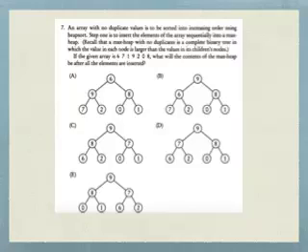Now, if it is inserted in the sequence 6719208, then at the beginning we assume that 6 will be the root, its left should be 7, and its right should be 1, after we insert the first 3 elements. But when we insert 7, since 7 is greater than 6, there will be a switch.